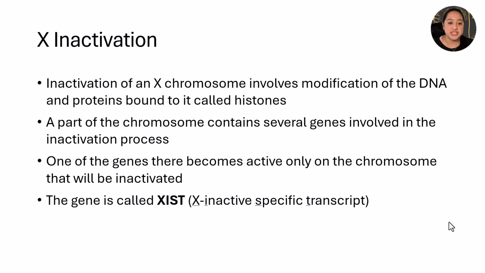And one of the genes there becomes active only on the chromosome that will be inactivated. So say that there's 2 X chromosomes. This one's going to be inactivated, so the gene here that's involved with inactivating itself will be activated, if that makes sense. And that gene is called XIST, X inactive specific transcript. So that's the gene that's saying hey, we're going to get inactivated for a little bit. And so then it makes itself get inactivated.